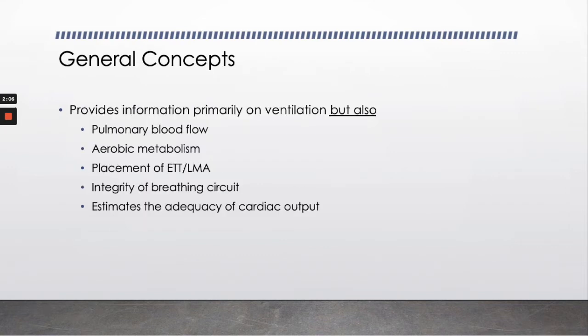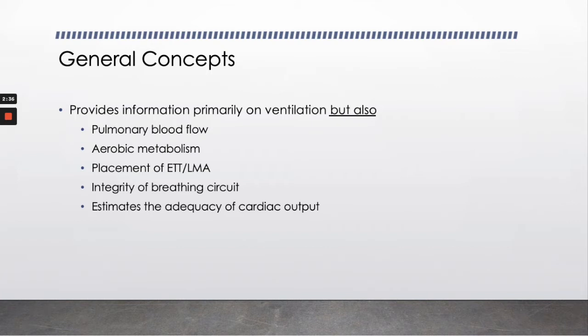Okay, so some general concepts. It provides information primarily on ventilation, but we also can see information regarding pulmonary blood flow, aerobic metabolism, and primarily placement of the endotracheal tube or LMA, which is what we love to see. We like to see end-tidal CO2 when we get it in the right location. It also gives us information about the integrity of our breathing circuit, and it estimates the adequacy of cardiac output.